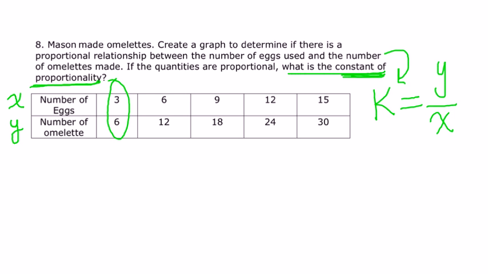But we can actually make this a heck of a lot easier on ourselves. Let's just use our formula that we have over here. We have to do what, though? First, do we know if this is proportional or not? Not really. It says create a graph to determine if there is a proportional relationship. So let's figure this out using our formula.